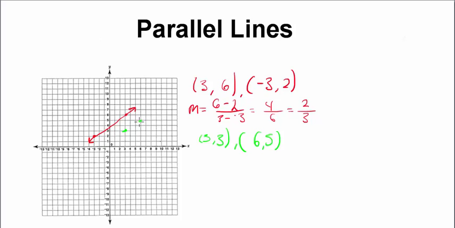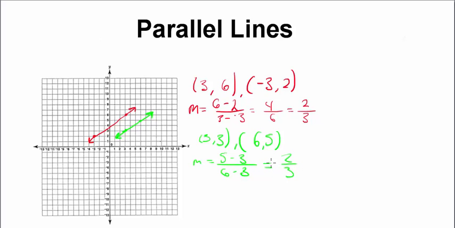So we're right here. Again, I'd like to find the slope of this line represented with these 2 ordered pairs. With my slope formula, I'm going to have 5 minus 3, the difference in y's, over the difference in x's, so 6 minus 3. So in this case, I get 2/3.